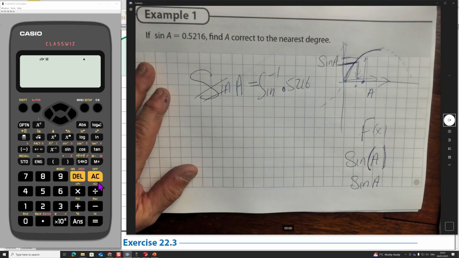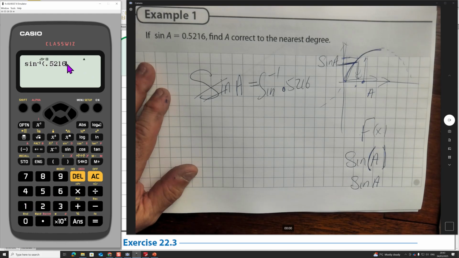So doing that up here now, here are my sines and cos and tan, and behind it are my inverses. Now I'm not going to say sine to the minus 1 because it doesn't say anything. I'm going to say inverse sine, which is itself a function. Instead of pushing the shift, I'm going to say the word inverse. Inverse sine, inverse cos, etc. So inverse sine 0.5216.